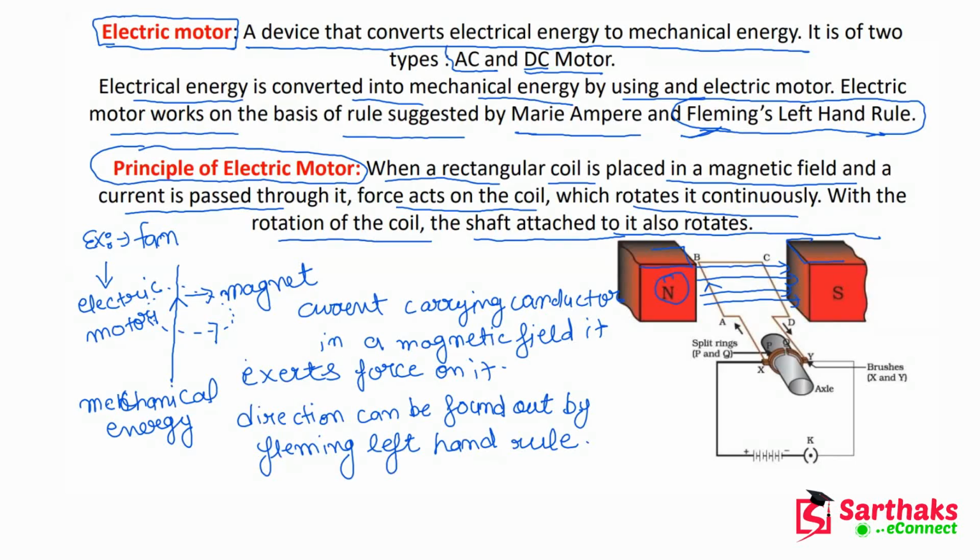The same thing happens and this coil starts to rotate. Because of the rotation of this coil, the shaft attached to this coil will also rotate. What we did here is we converted electrical energy to mechanical energy, and we can use this as a motor.